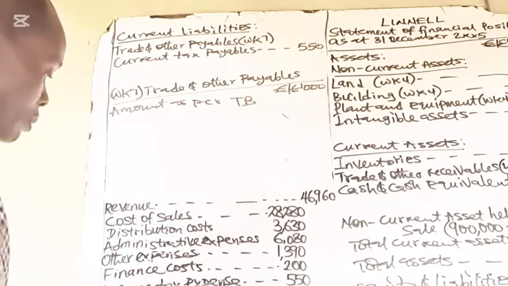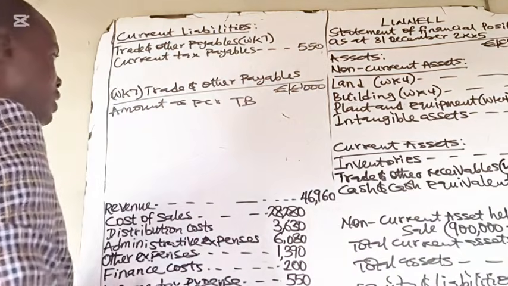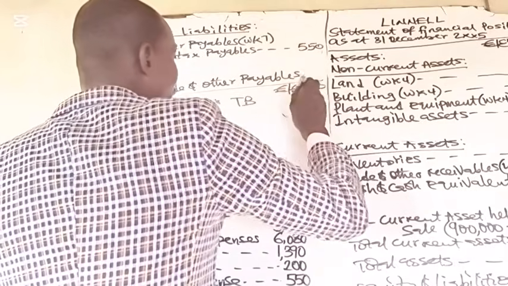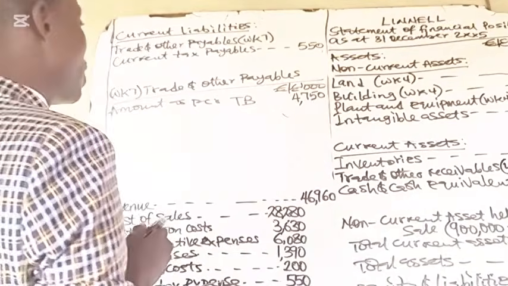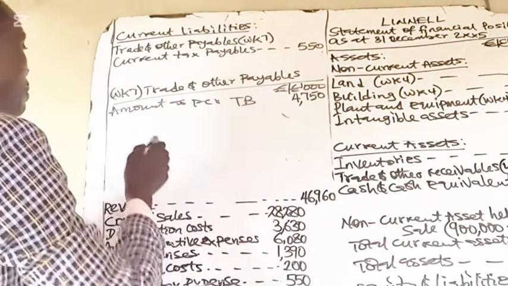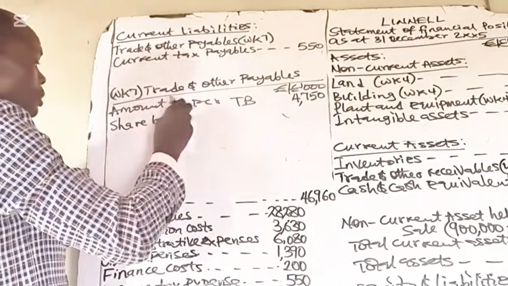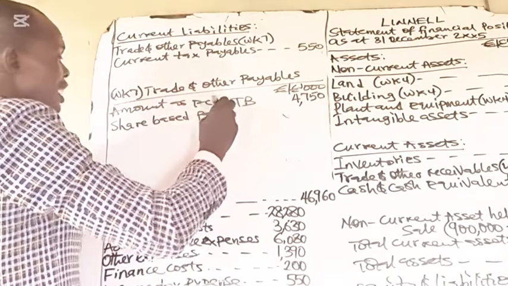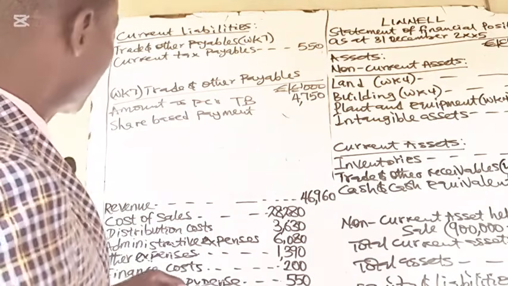The trade and other payables given in the trial balance is 4750. Then we also have share-based payment. This has been shown as an expense.